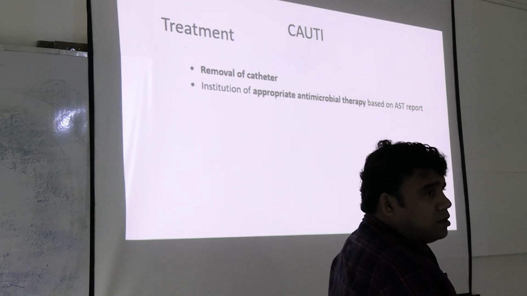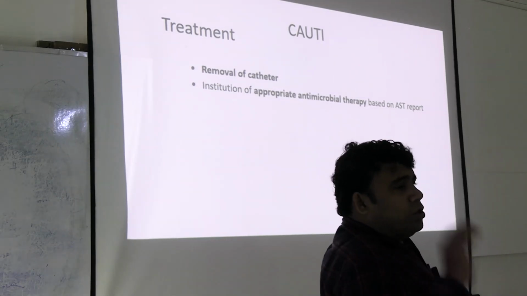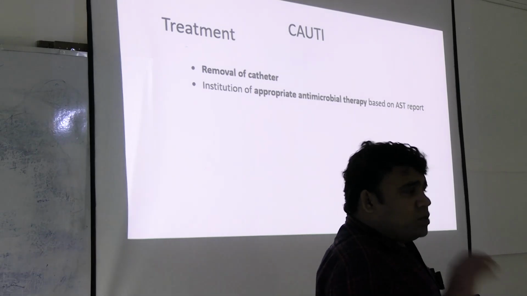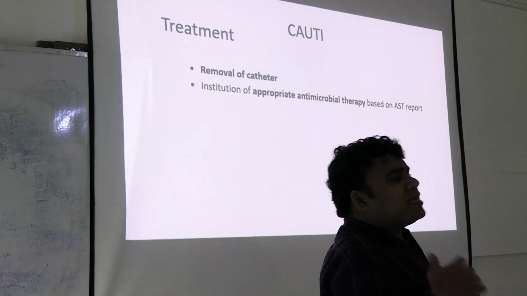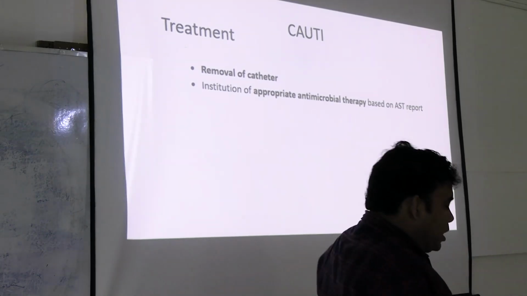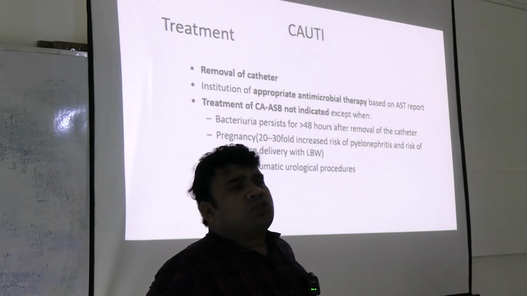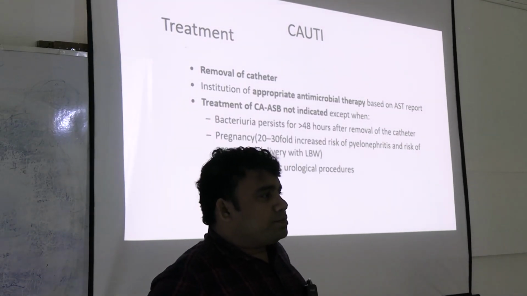Treatment is very simple. Most importantly, you have to remove the foreign body because the foreign body gives access to the microorganisms. Next, you need to give proper antimicrobial therapy based on the culture report.